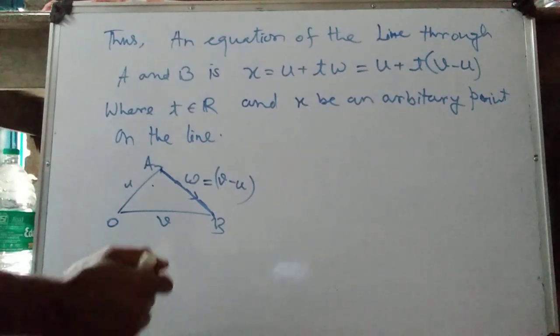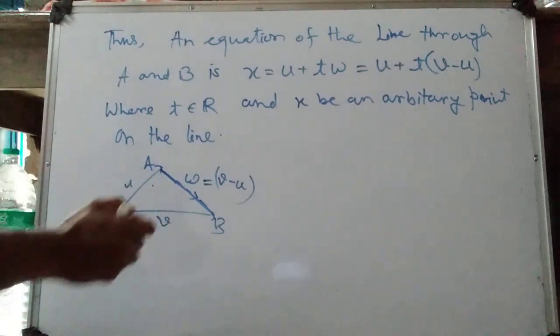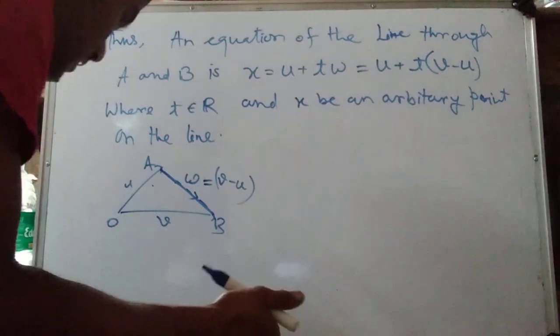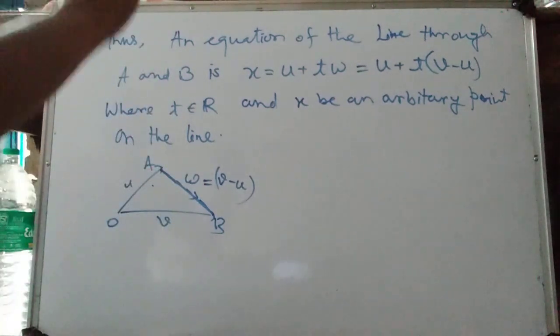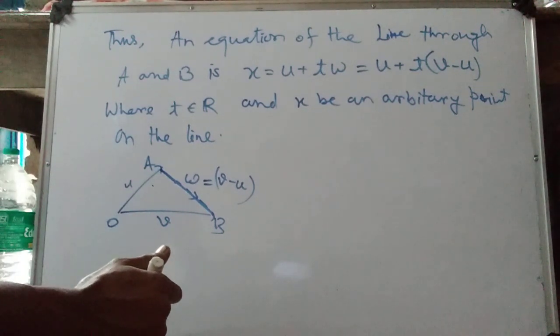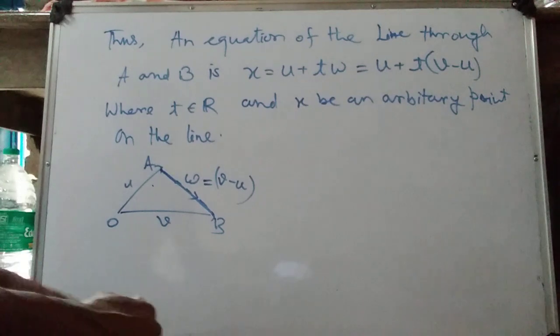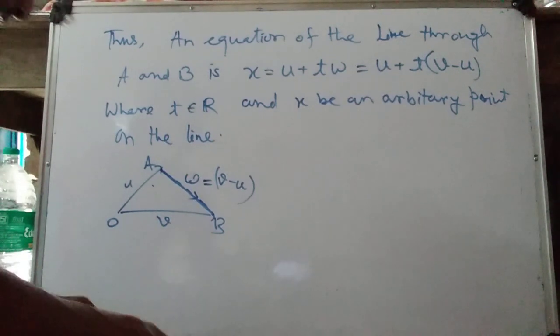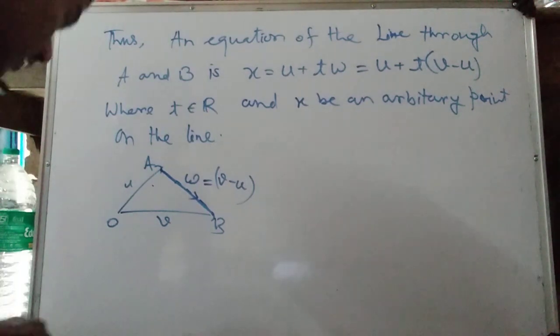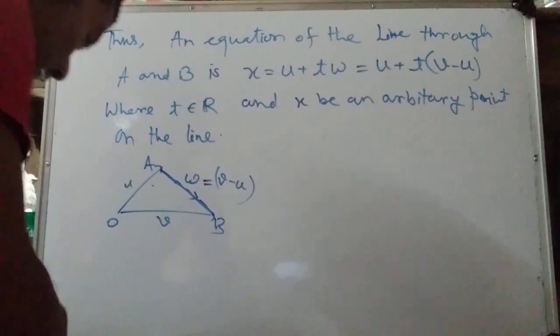Otherwise, any parallel line is different and does not begin at A. So we write it this way: x equals u plus tw, that is u plus t(v minus u). Let's set one example to discuss this in a better way.